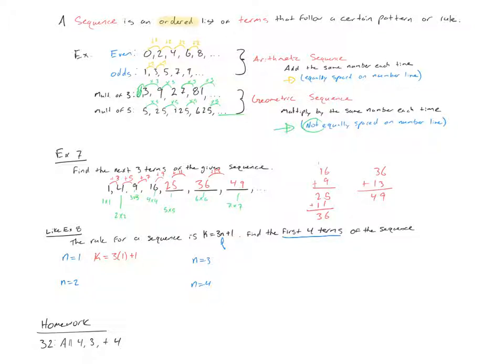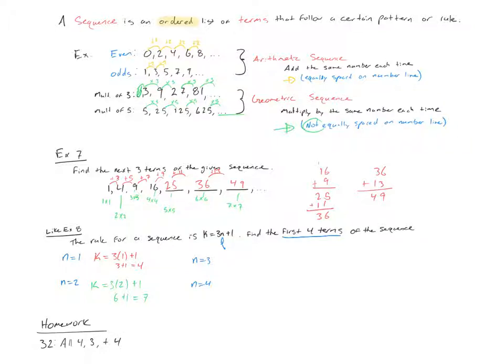Well, 3 times 1 is 3 plus 1, so it's going to give me 4. This next k is going to be 3 times 2. Again, I'm plugging in 2 for n. I'm going to add 1. 3 times 2 is 6, plus 1 is equal to 7.